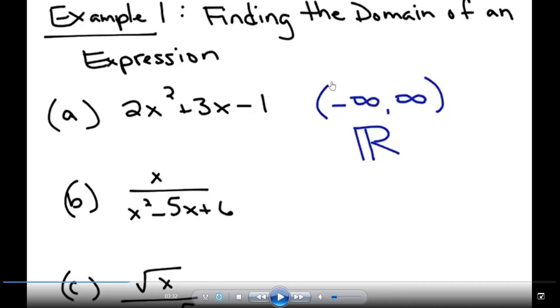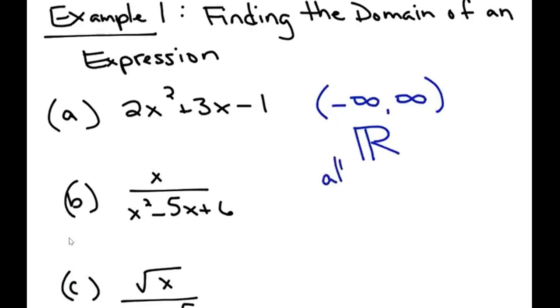And remember, we have these rounded parentheses, which show that I cannot include negative infinity or positive infinity, but it goes on forever in the negative and positive direction. Sometimes you could just write the answer to part A as all real numbers, but usually they want you to write a symbol, instead of just writing it out, but either of these would be correct.